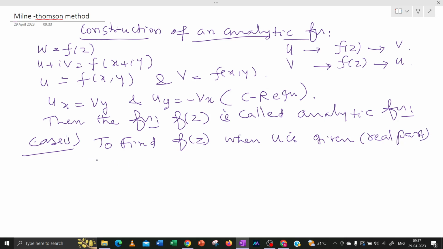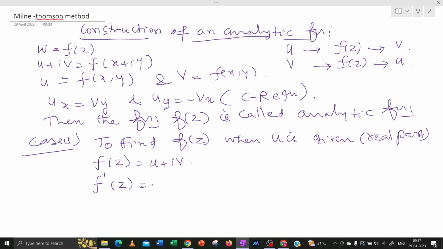What is f dash of z? See, f of z is u plus iv. Already I told how to find that f dash of z. That is, either you have to differentiate with respect to x or with respect to y.